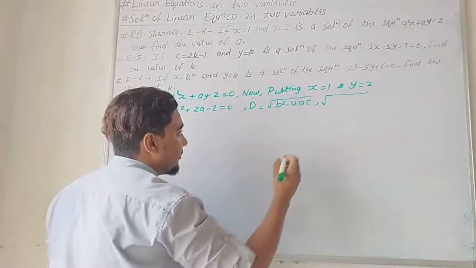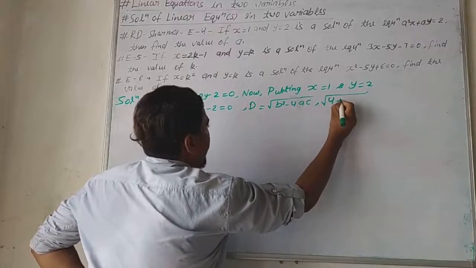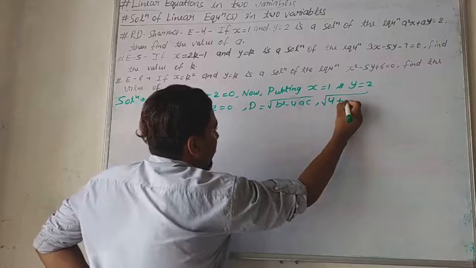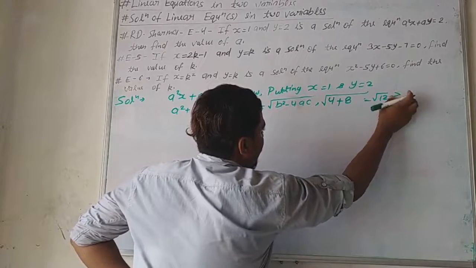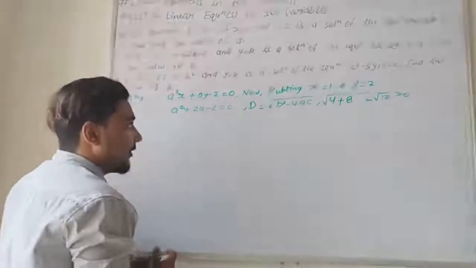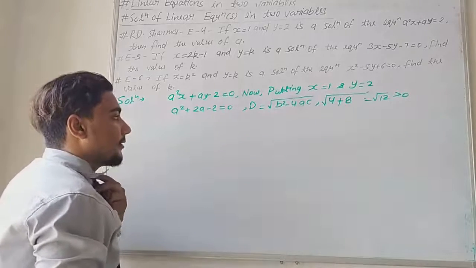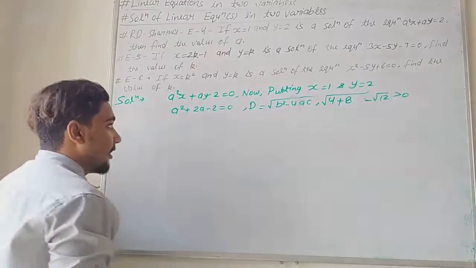So now I check; you don't know this formula but I know it. 4 plus 8, which is equal to root 12, greater than 0, and which is real, not imaginary. You don't know imaginary numbers; you will study imaginary numbers and complex numbers in class 11th.